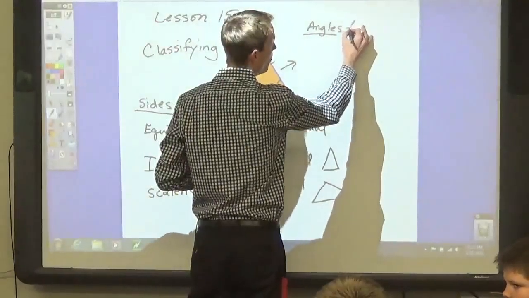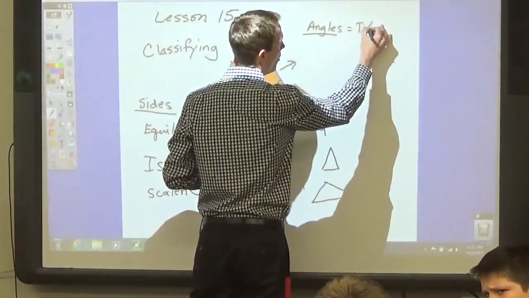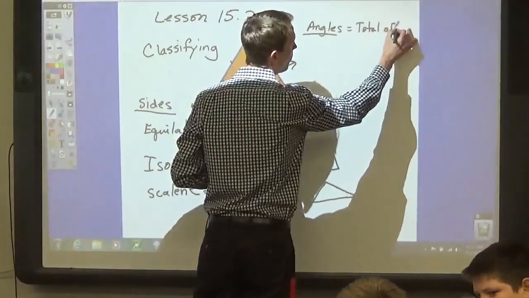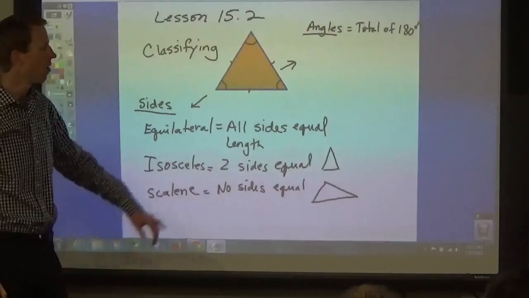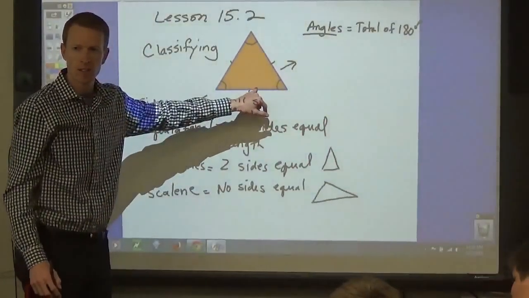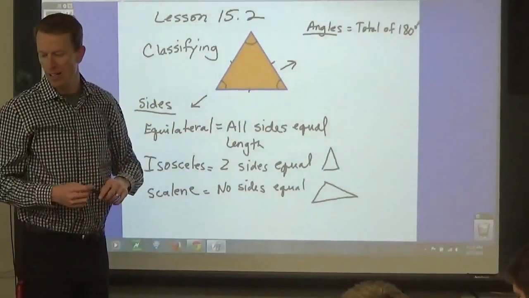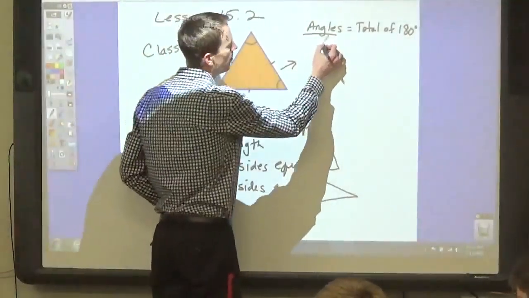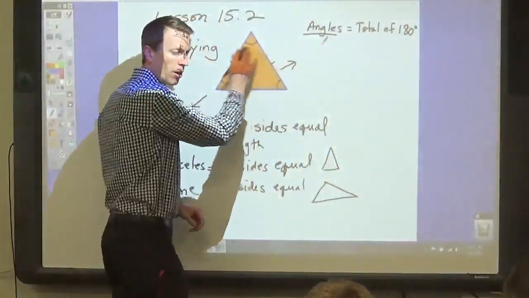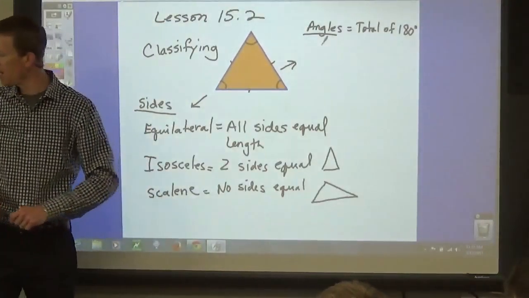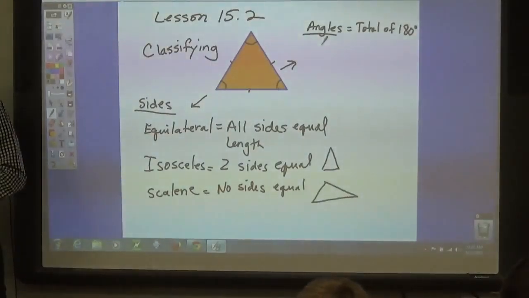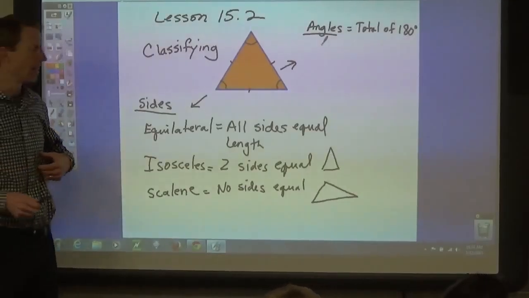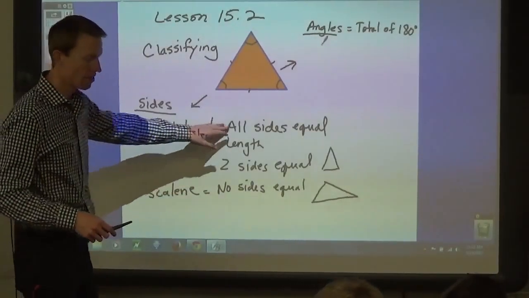Alright, the angles measure a total of 180 degrees. That's very important to remember. All the angles in a triangle together equal 180 degrees. Now, if all those are equal angles, that's just an equilateral triangle, I guess, because all the sides are the same.